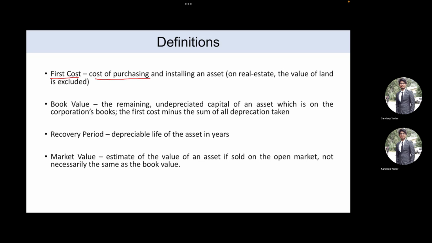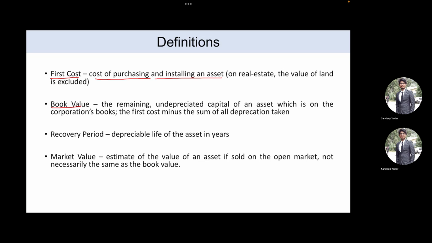First cost is the cost of purchasing and installing an asset. In real estate, the value of land is excluded. Here, anything you buy or operate, the first thing will be the purchase cost, and if a product has an installation cost, then it will be included.